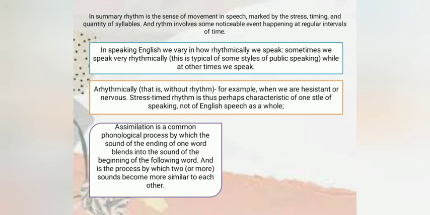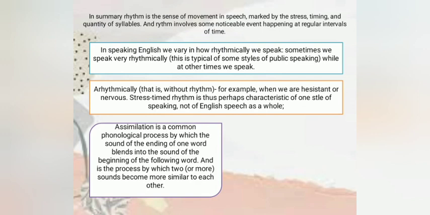This is typical of some styles of public speaking, while at other times we speak arrhythmically, that is without rhythm, for example, when we are hesitant or nervous. Stress-timed rhythm is thus perhaps characteristic of one style of speaking, not of English speech as a whole.